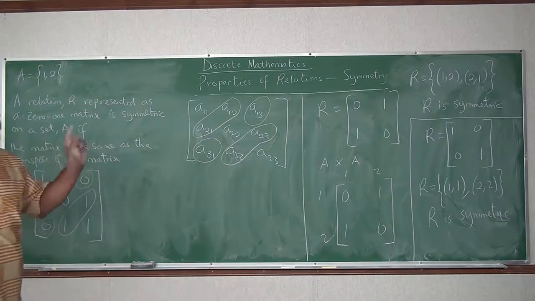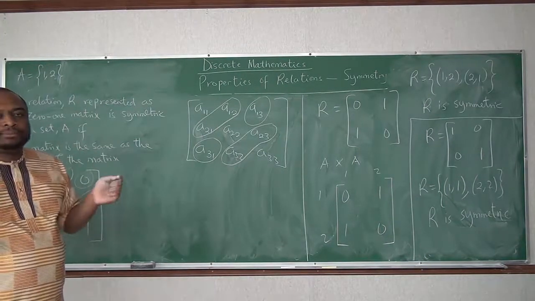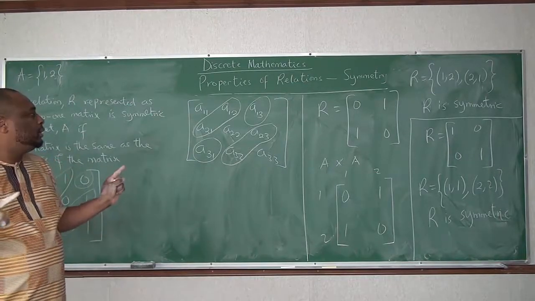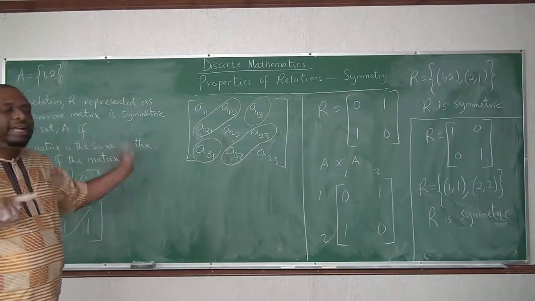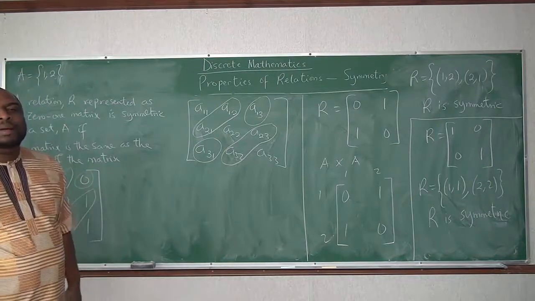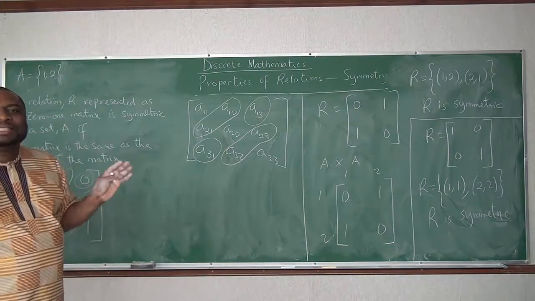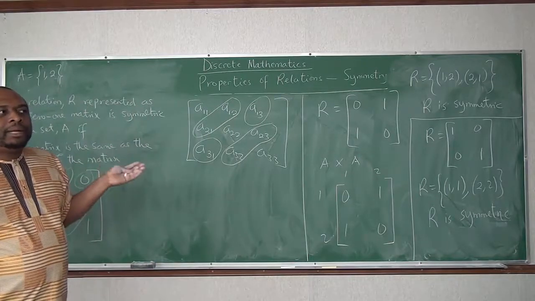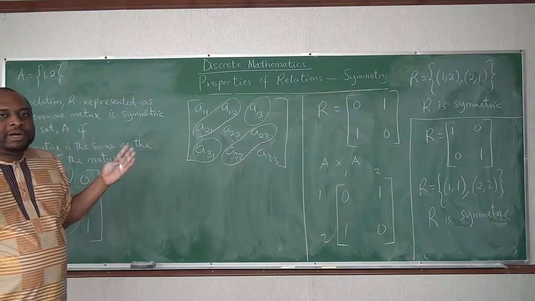That is one way you can do it. Just look at 1 2 2 1, 1 3 3 1, 2 3 3 2. You can look at it that way. But another way you can also look at it is just transpose it.